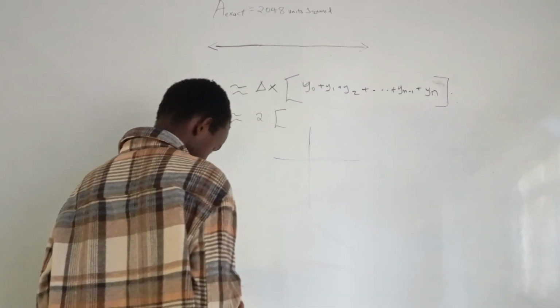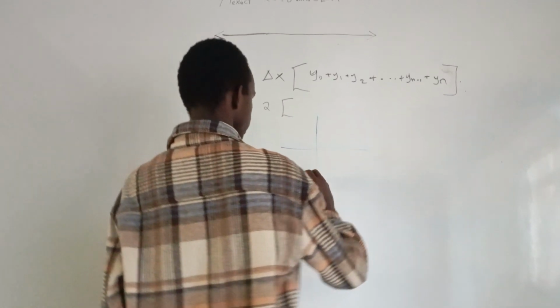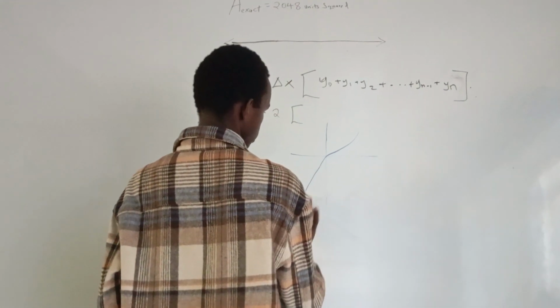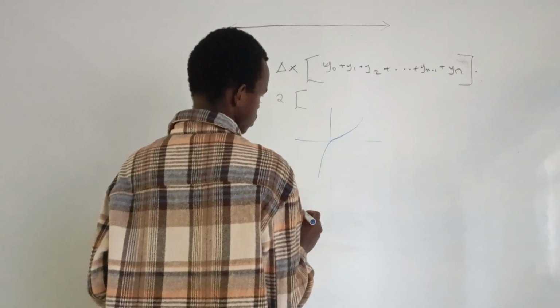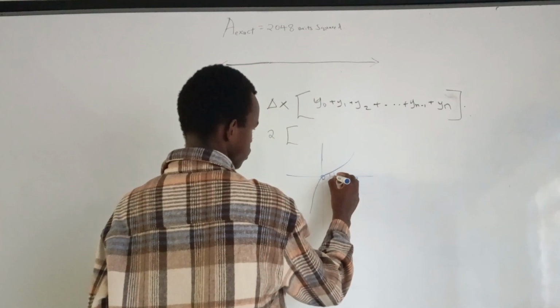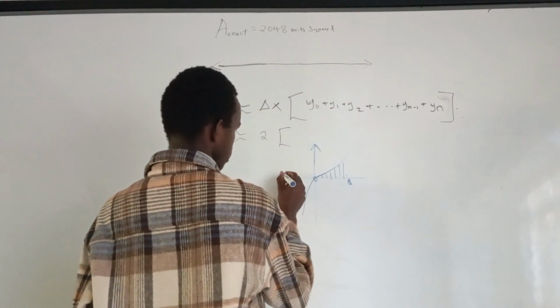Our graph was opening up like that, something like that. Our graph goes from 0 to 8. So this is the region required.